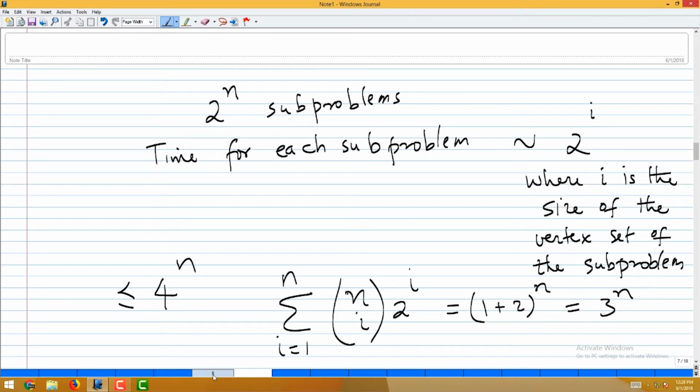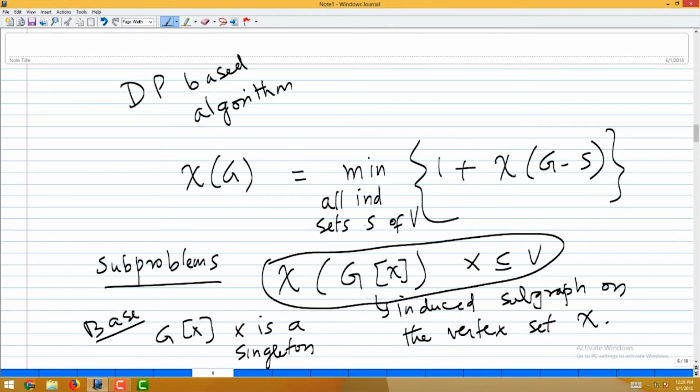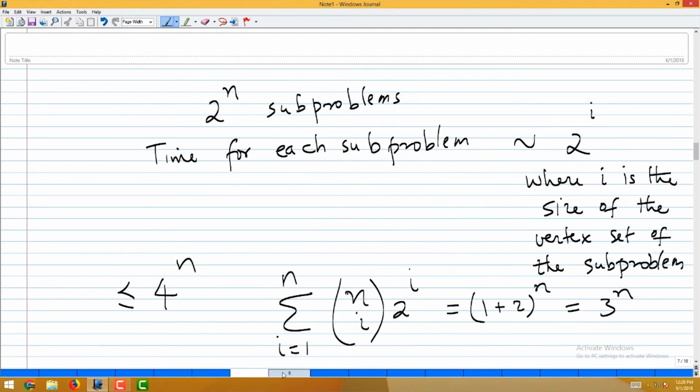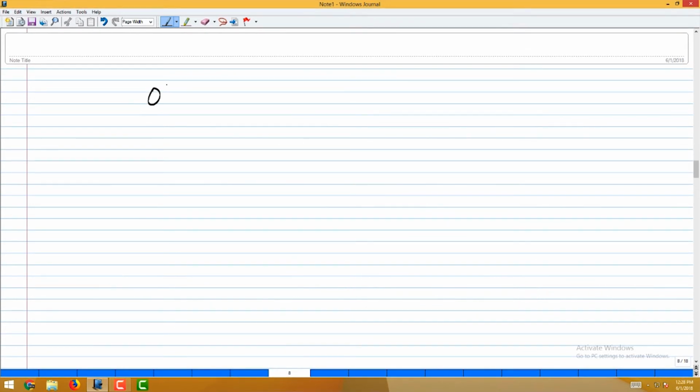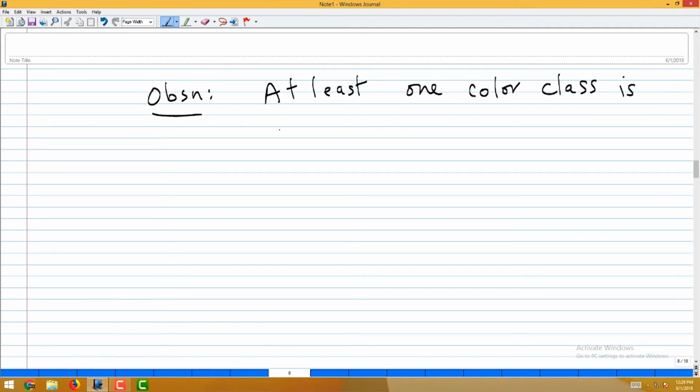How? Because if you come back here, I am not really running over all of them. Here is one little observation I need to make: at least one color class is a maximal independent set.